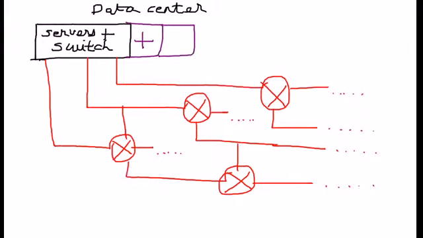You can keep adding the servers virtually and reduce the load from the switch whenever you feel like, and you can also reduce it as long as you know how to do it programmatically.